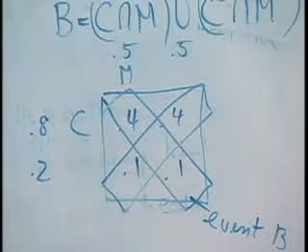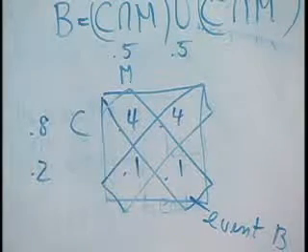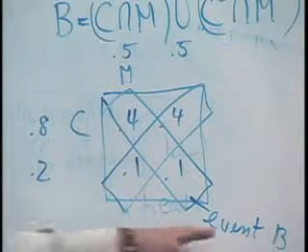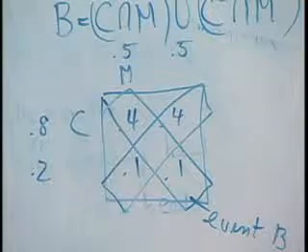If the flag goes up, what's the conditional probability that Harvard won the coin toss? 4 out of 5, so it hasn't changed. So in the case where Harvard has a 50% chance of winning the match to start with, the information that event B has occurred is useless. It doesn't change the probability of the event C.